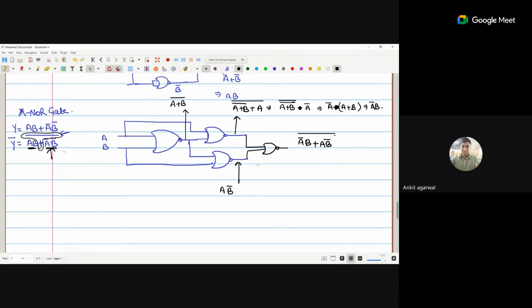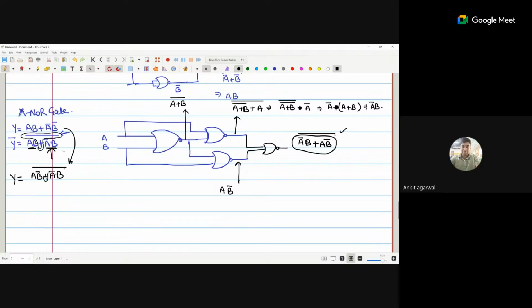And what of this one? So this is XOR gate, and what is XNOR gate? Okay, so if you write this equation, Y is AB bar plus A bar B whole bar.